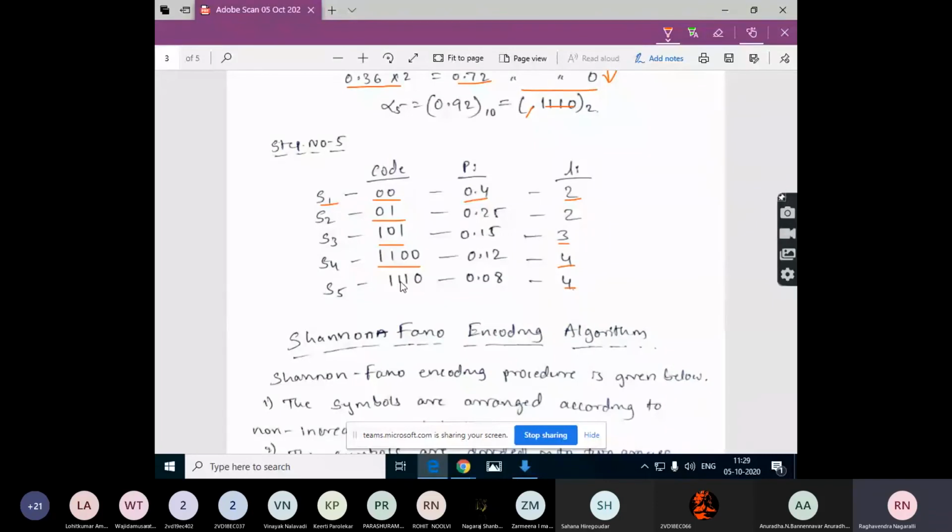Next, alpha 5, remove the decimal point and length is 4. So 1110. So this is the code, and you can check whether this is instantaneous or not, whether it is satisfying the prefix property or not. Is it instantaneous? Is it satisfying the prefix property?